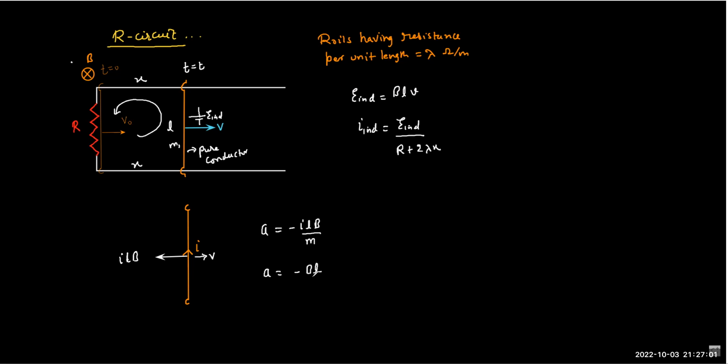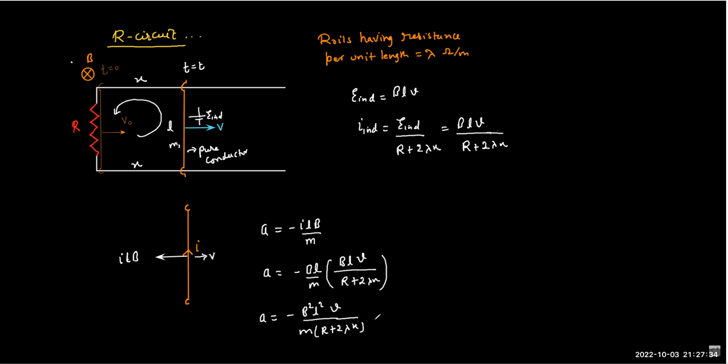Minus BL by M, and the I induced, so we can add as BL, so A turns out to be minus B square. So it is interesting to know that the acceleration is function of V as well as X. It is function of both.